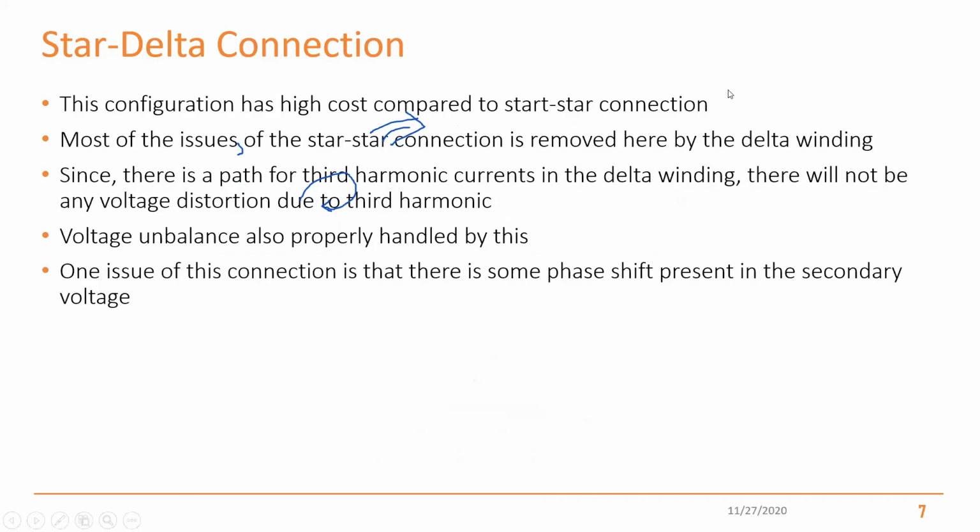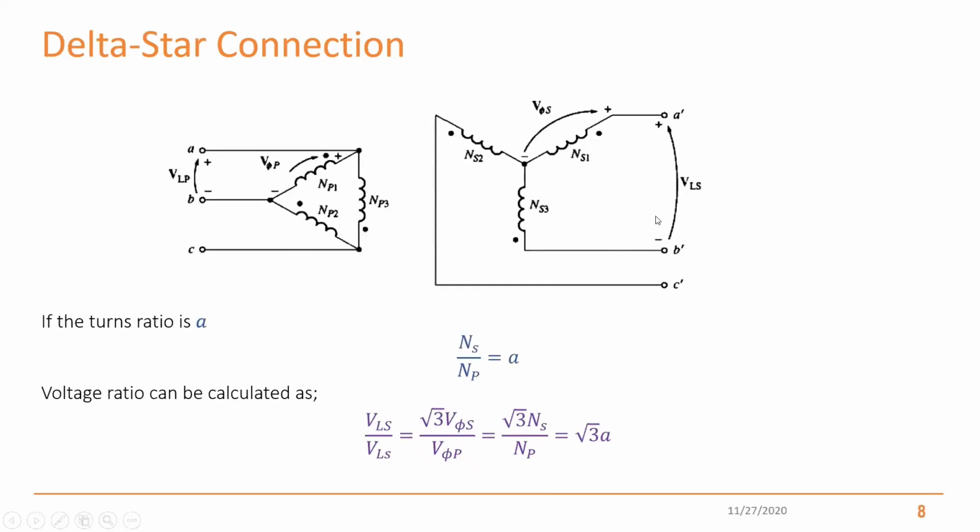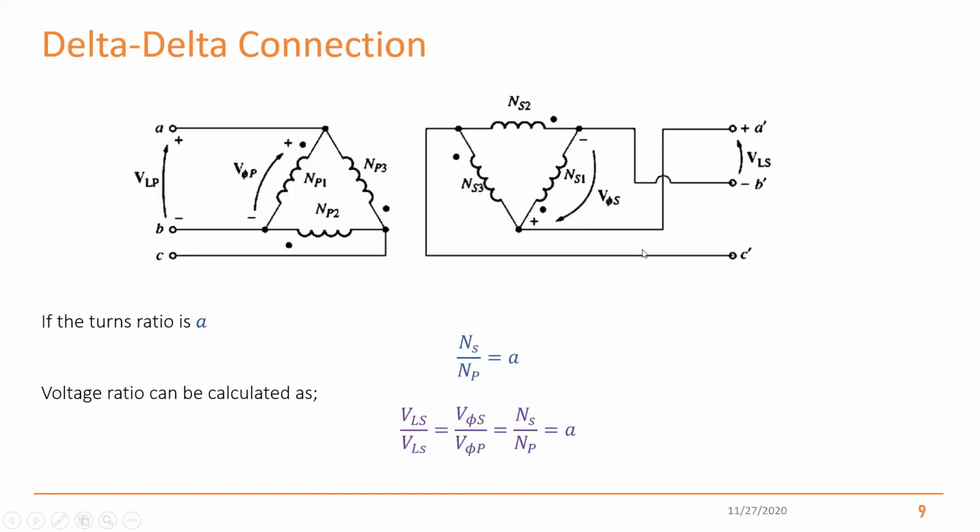We are going to talk about them in the vector groups part, which we will do next week. Until then you can understand that there is a phase shift, which we see as a small issue. If you consider the delta condition, there cannot be very high unbalance. Again it is properly balanced by this connection itself.